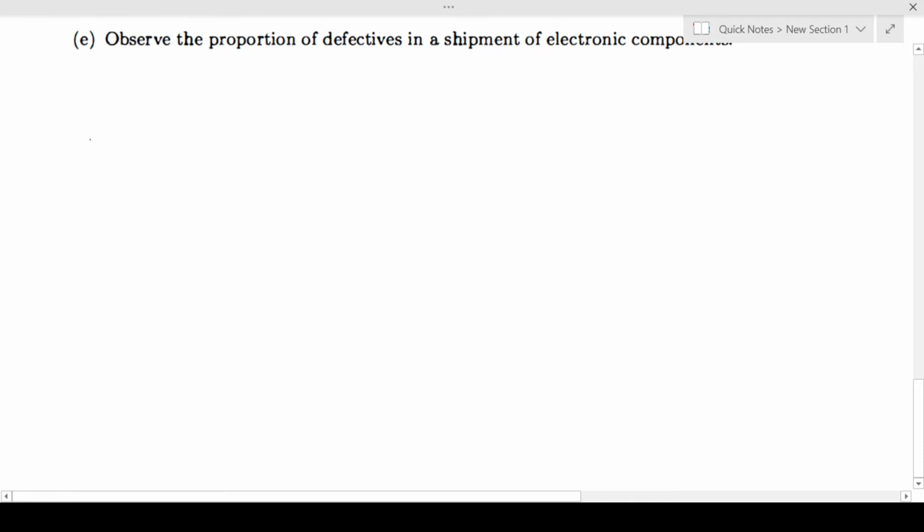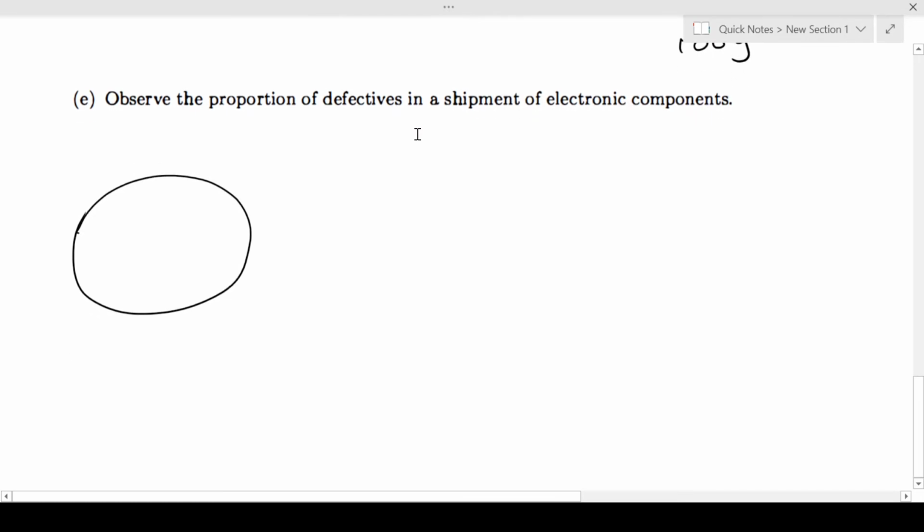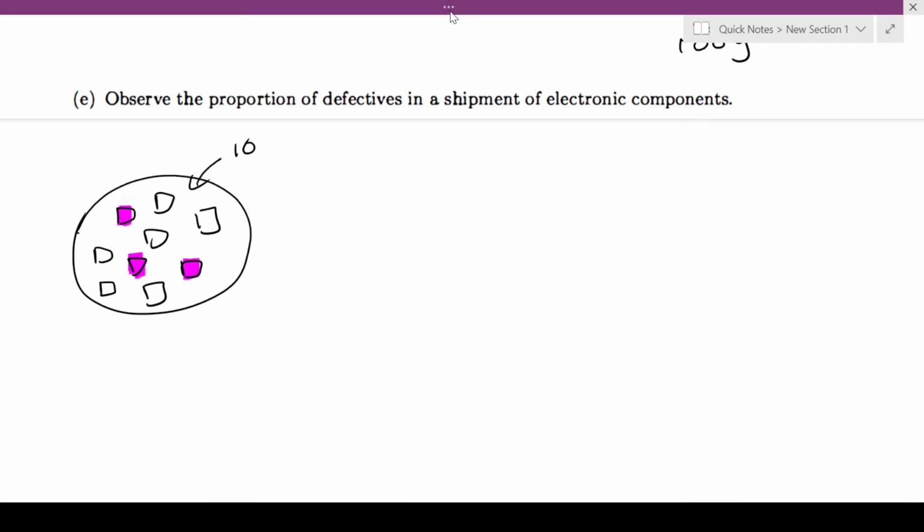Now how do you take a proportion? Let's say these are the electronic items. Let's say there are 10, and the defective ones I'll mark with purple or pink, let's say 3. Let's say 3 are defective.